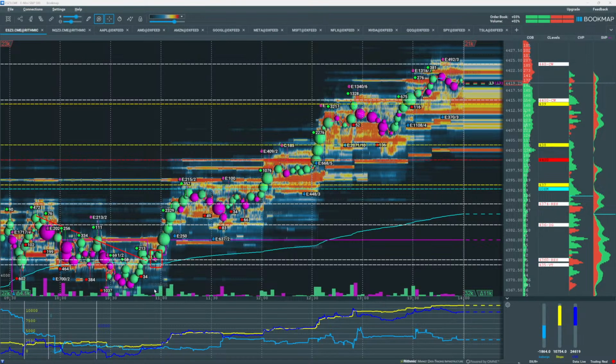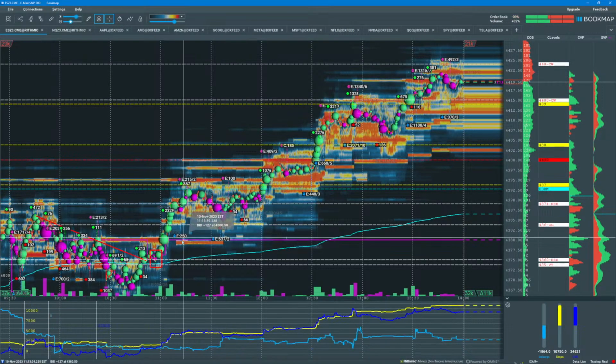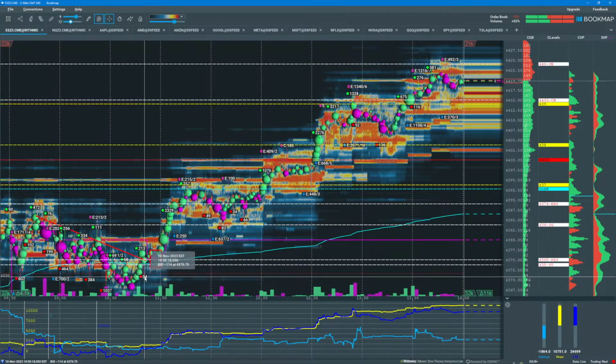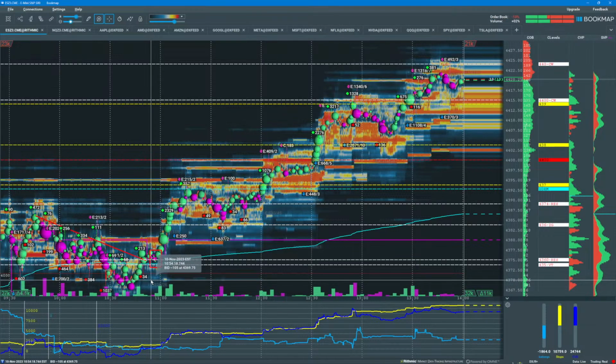First of all, let's talk about the volume dots. These are showing market buy minus sell. And magenta dots indicate more sellers than buyers. And green volume dots indicate more buyers than sellers.